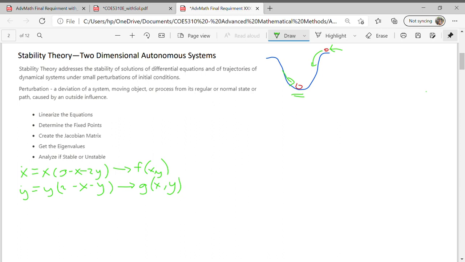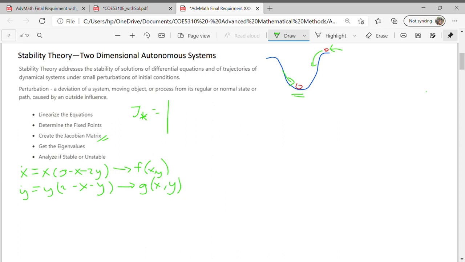So how can we do that? We can do that by using a Taylor series expansion, or we simply create this Jacobian matrix. The Jacobian matrix is simply the collection of the elements of the given nonlinear functions.